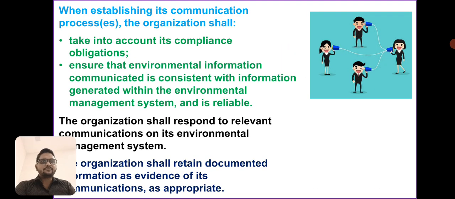When establishing its communication processes, the organization shall take account of its compliance obligations and ensure the environmental information communicated is consistent with the information generated within the environmental management system and is reliable. The organization shall respond to relevant communication on its environmental management system and retain documented information as evidence of its communication, as appropriate.